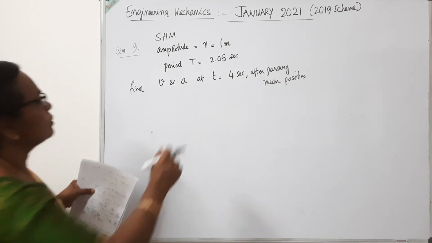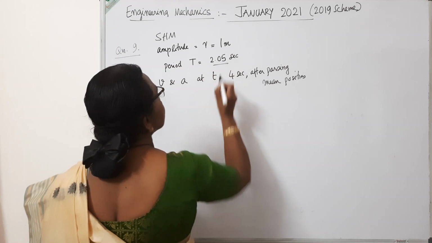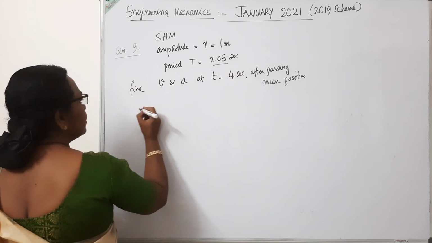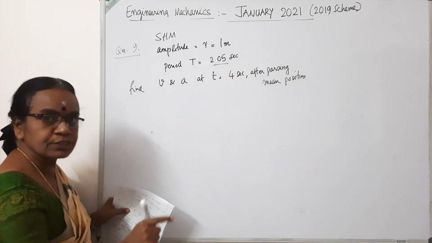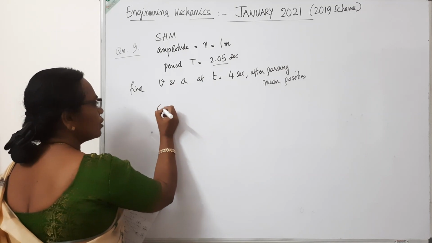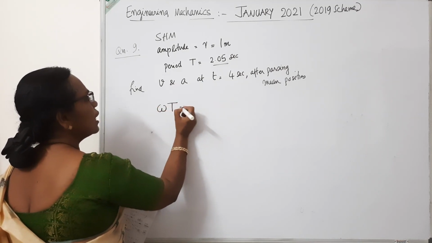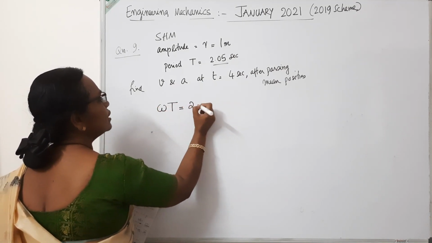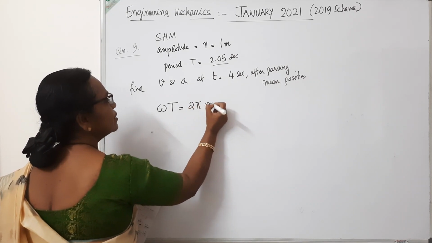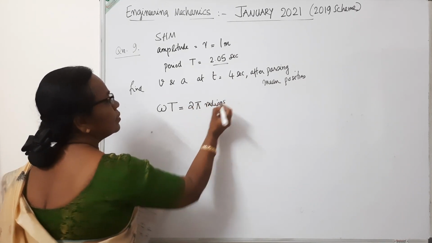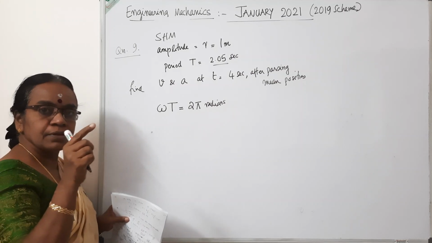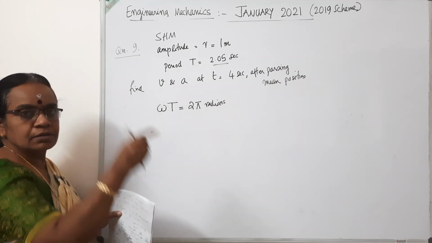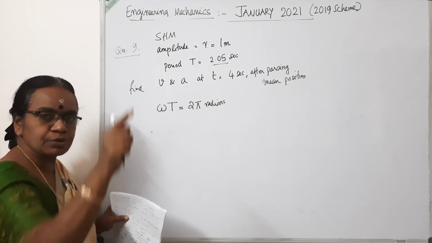Given the period of oscillation, the time for one complete oscillation. If omega is the angular velocity, omega times T is equal to 2 pi radians. Angular velocity into time gives the total angular displacement.